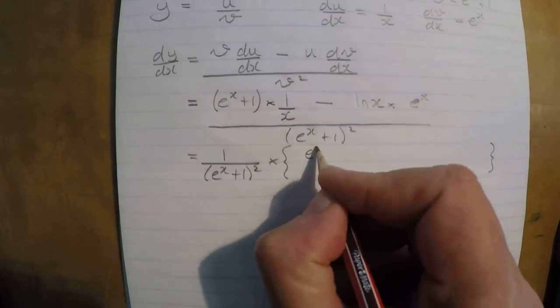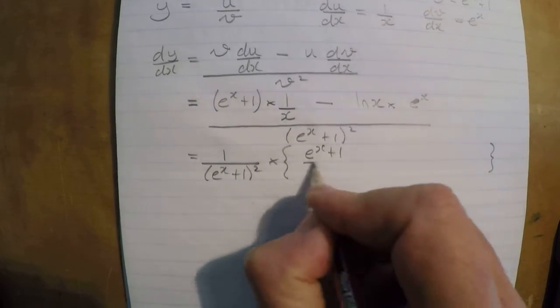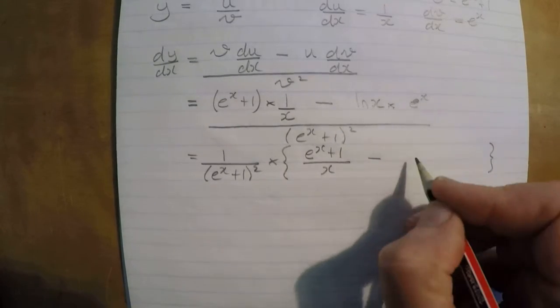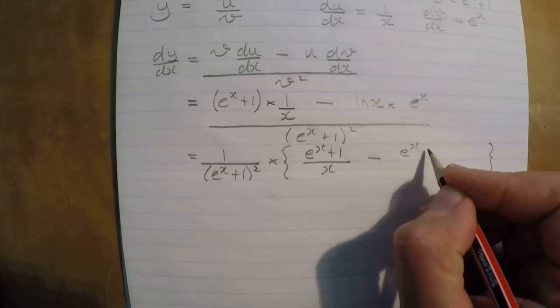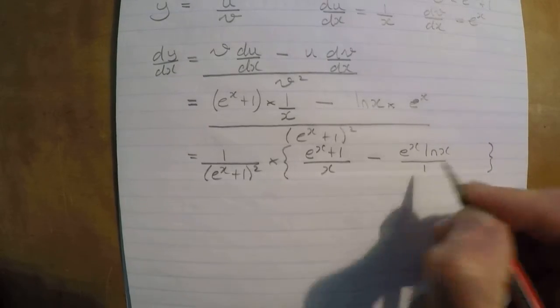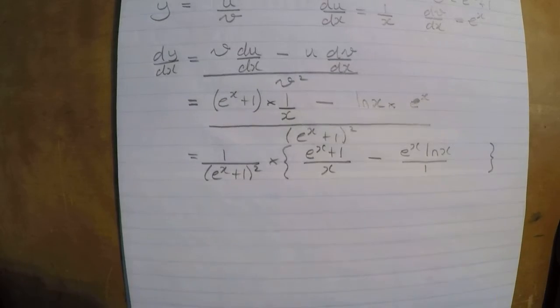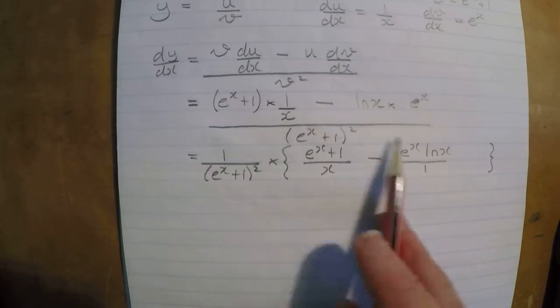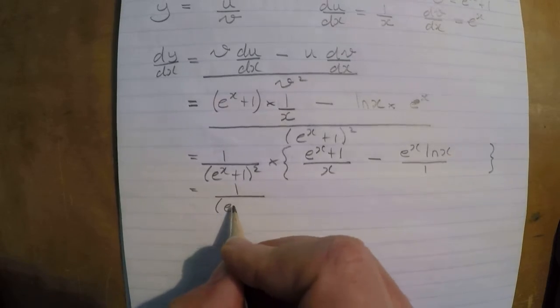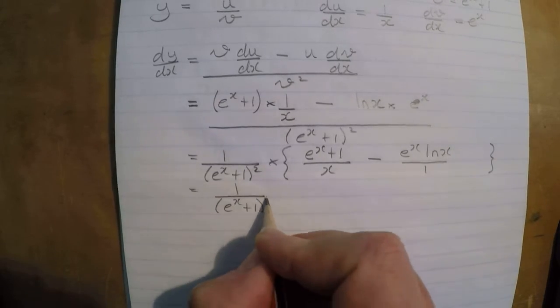This first term is e to the x plus 1 over x, minus e to the x times the natural log of x. Really, that's the same as over 1. So I'm going to try and combine these now, all times 1 over e to the x plus 1 squared.